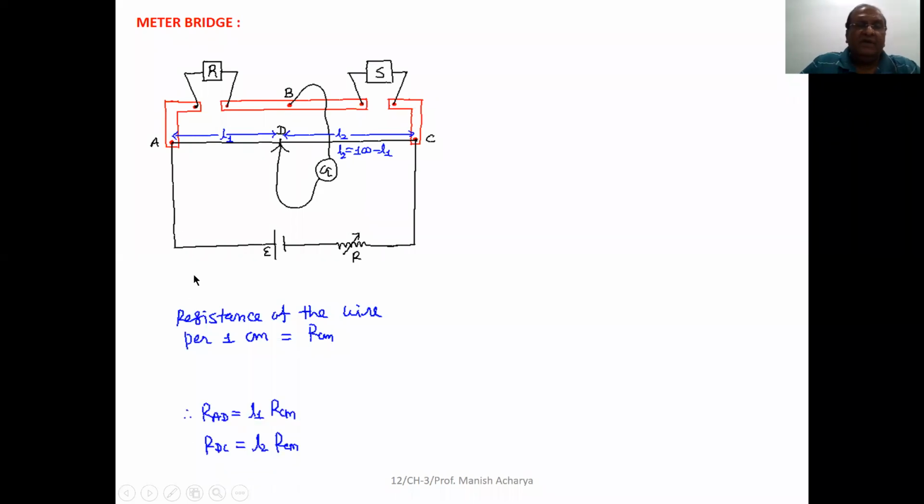Now, the resistance of the AD part, with length L1: per centimeter, if the resistance is RCM, then for length L1, how much is the resistance? So the resistance of the AD part of the wire is L1 into RCM, and the resistance of the DC part of the wire, of length L2, is L2 into RCM.